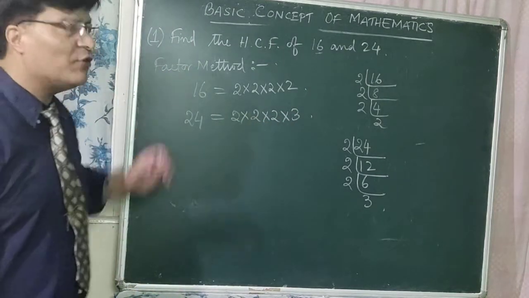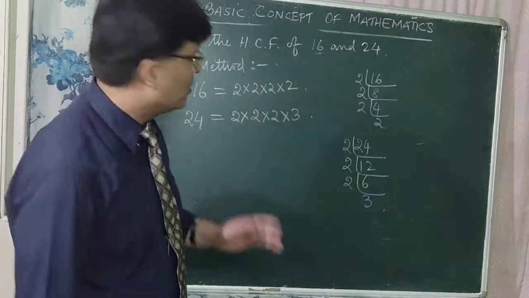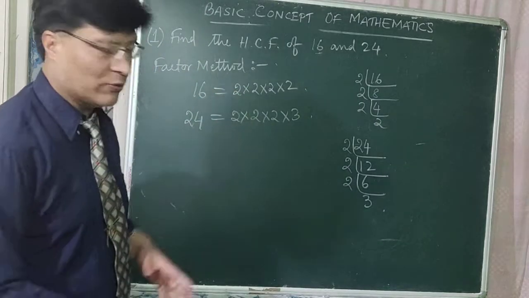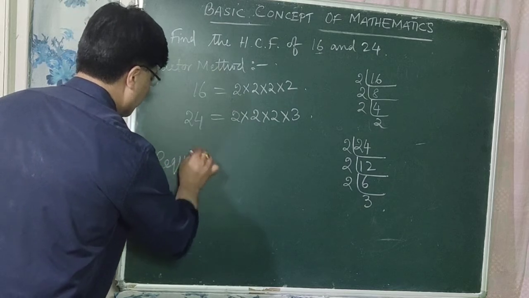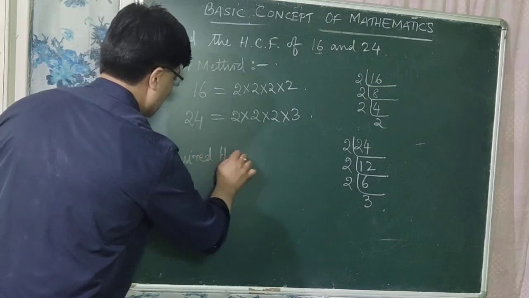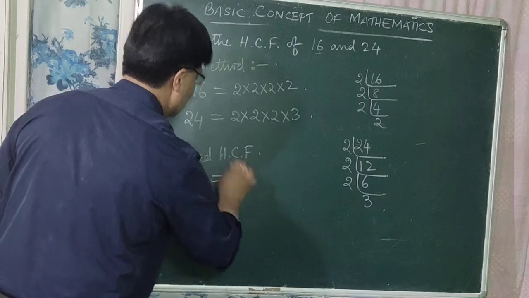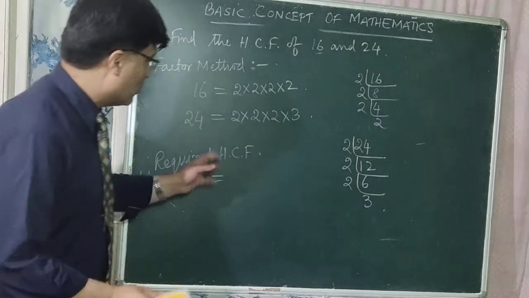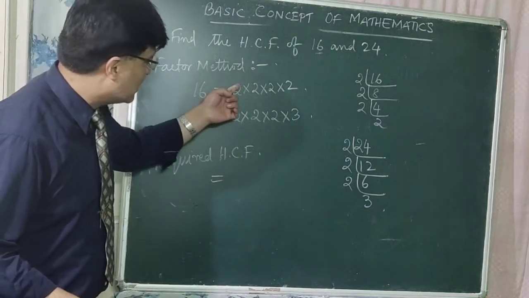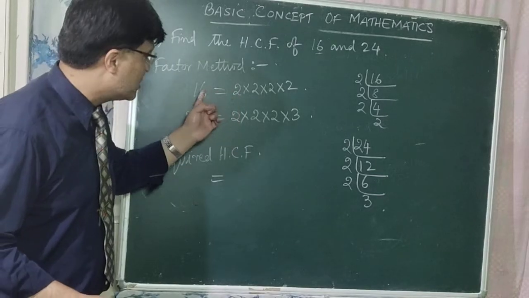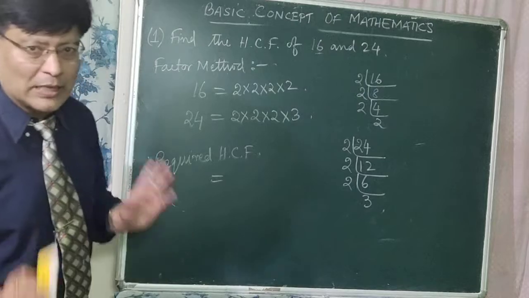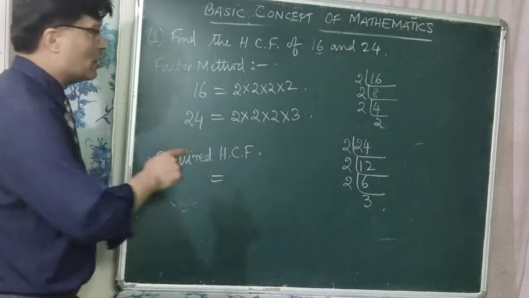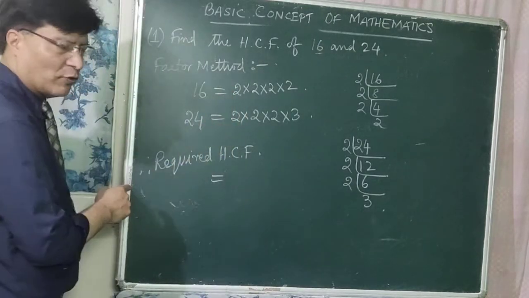So now how can you find out the HCF from these factors? So therefore required HCF is equal to, so now what will be the required HCF from these factors, from both 16 as well as 24, right? C means common. Now you should find out the common number here in both 16 as well as 24.